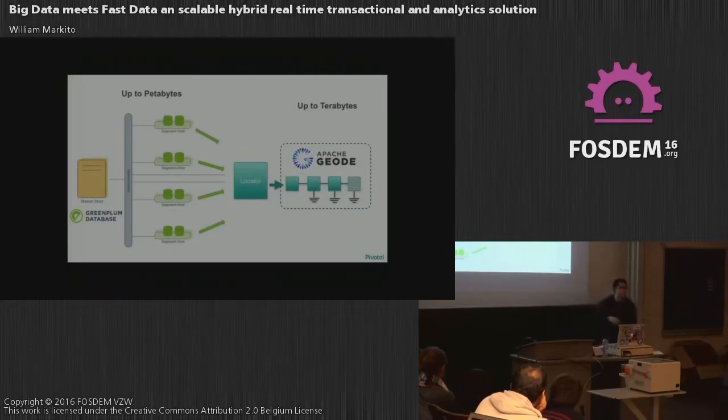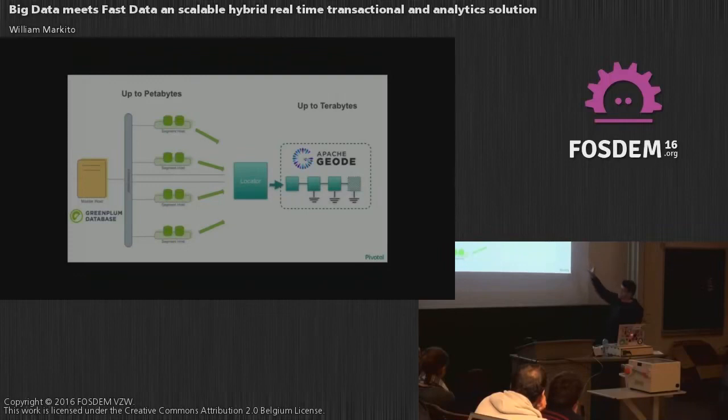Through the locator, you can discover the other nodes in the cluster for Geode. So we discover and say, I have 4 nodes here. As soon as this connection is established with all those nodes, from this point on, each segment on Greenplum would then start talking directly with the server here on Geode.